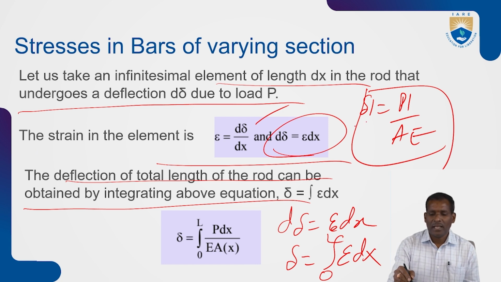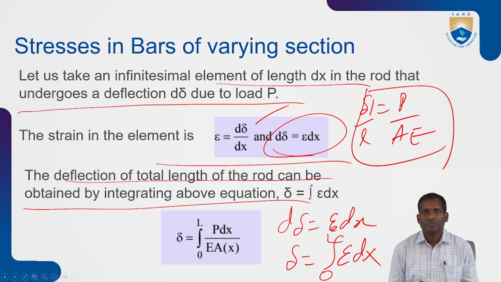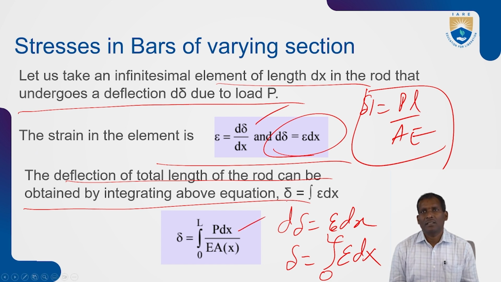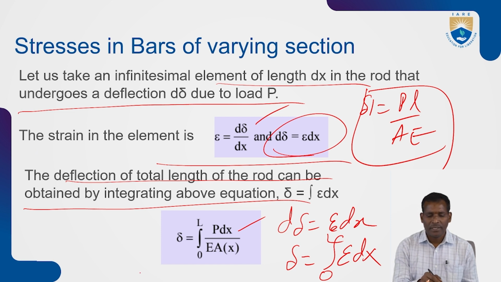So delta L by L, that is strain. So we can write in terms of dx. So here length is dx and AE, A is cross-sectional area at distance x. So you can write like this.